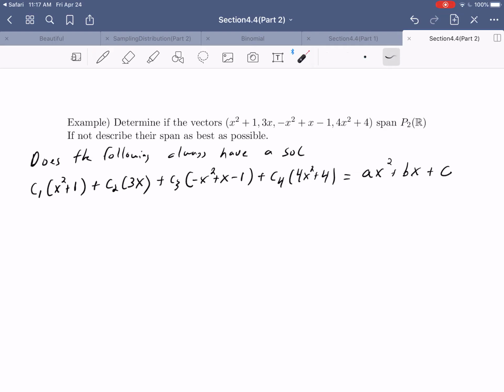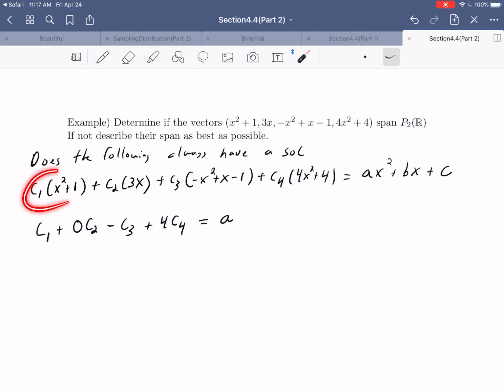So we go term by term using like terms. In terms of x squared, we're going to have c1, negative c3, and 4c4, and that's going to be a. That's our first equation: c1, technically plus 0c2 since there's no x squared term there, minus c3 plus 4c4 equals a.